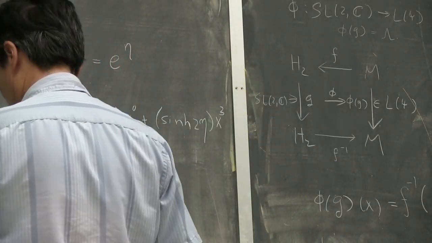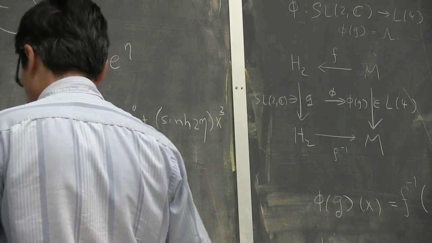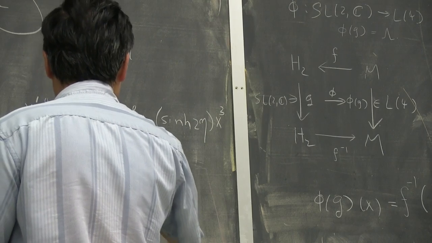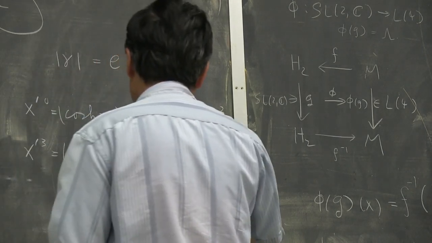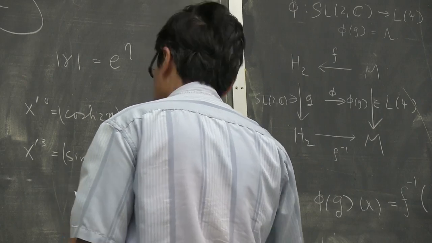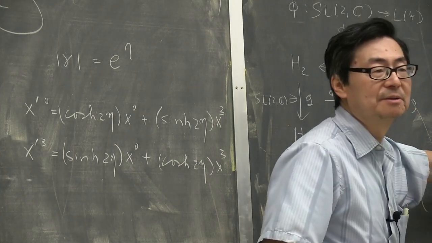And this one is reversed. x prime 3 is equal to sinh of 2 eta x0 plus cosh of 2 eta x3. I won't bother to write down the other two now because they are not changed.